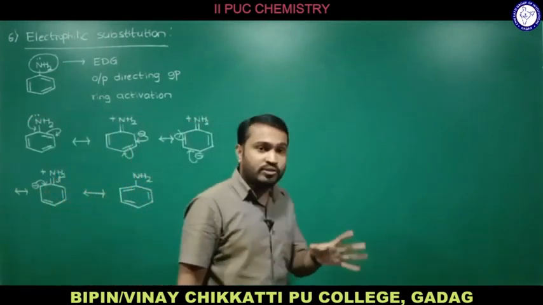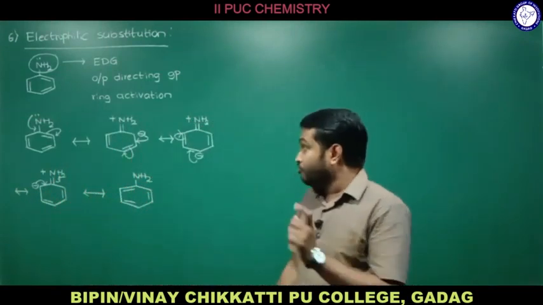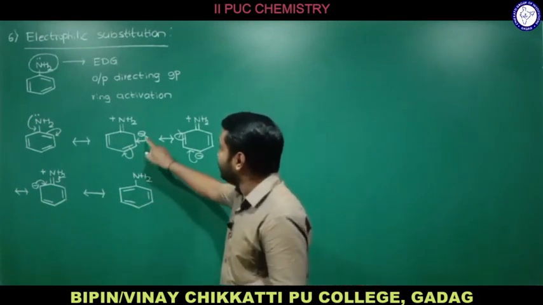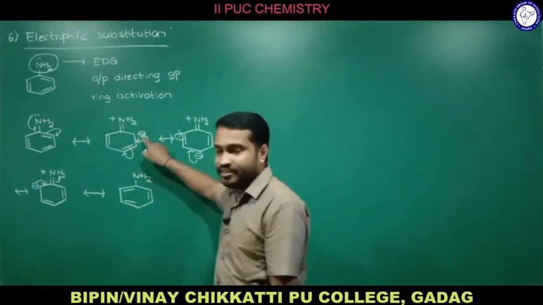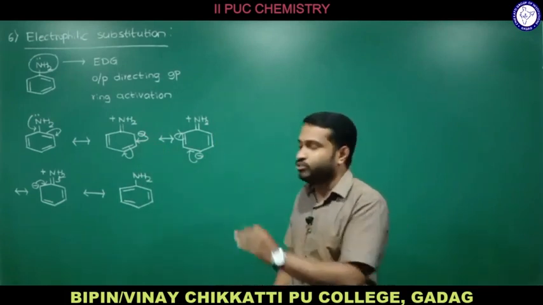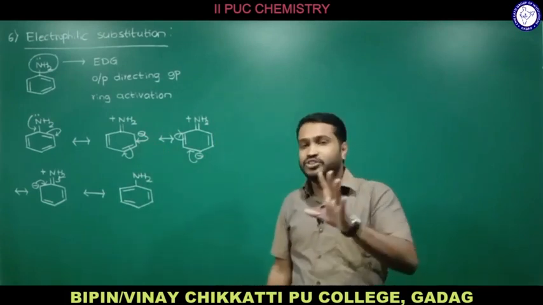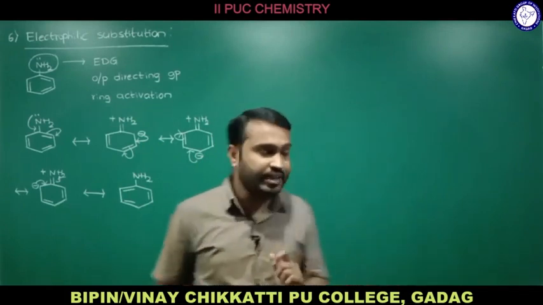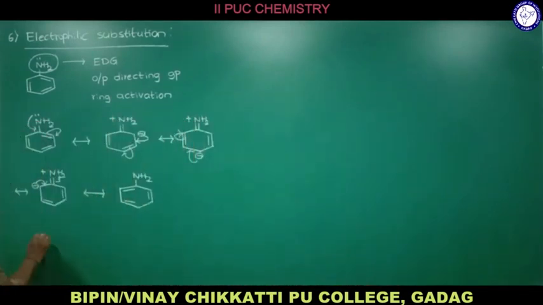And if you observe the resonating structures, we came to know that we have a minus sign. So what does it indicate? That indicates that this particular center or position is electron rich. As we know, in general, if you consider this as the benzene ring, and this is the substituent, this position is ortho position and this position is ortho position.